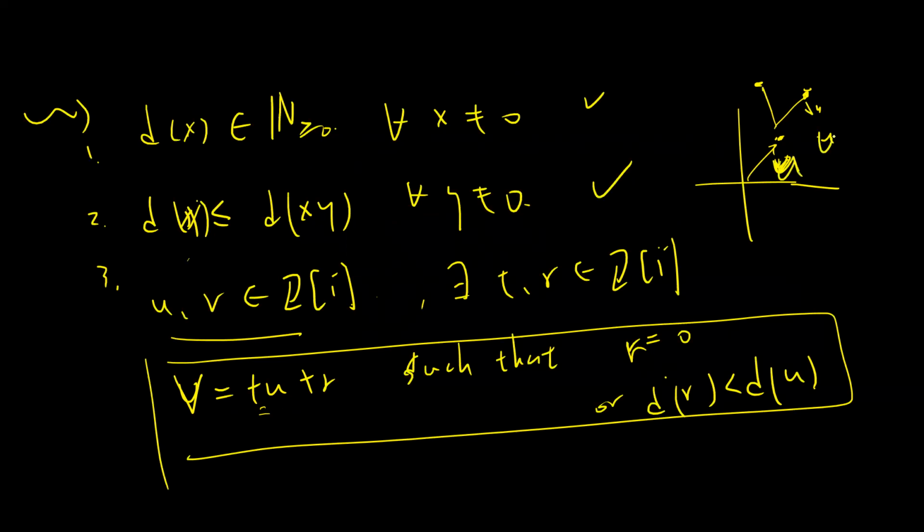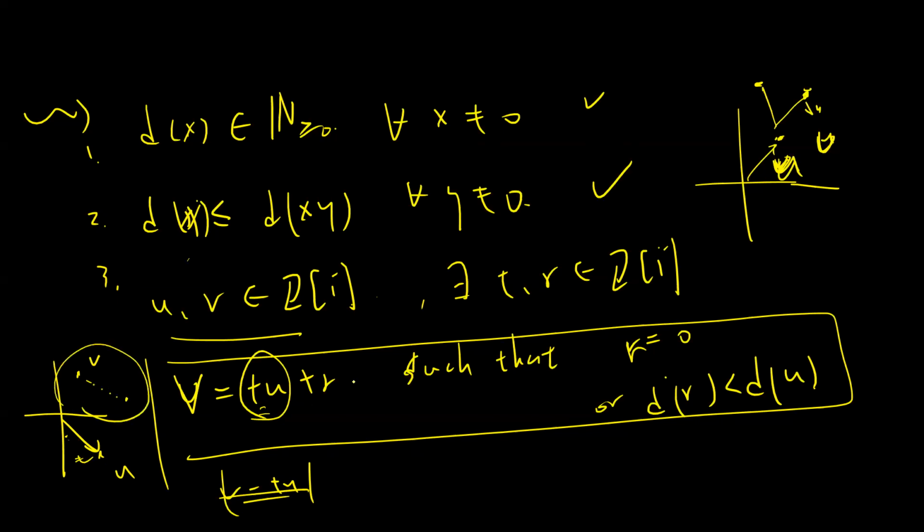This is u, this is v. So you want to make sure that v minus t times u is small. You want to check this distance: this r should be less than this u.